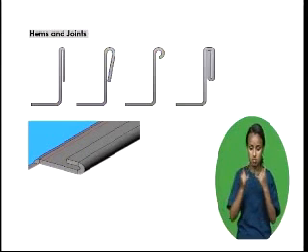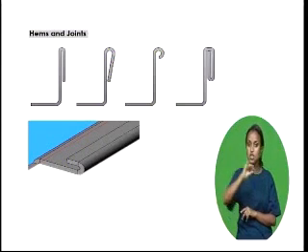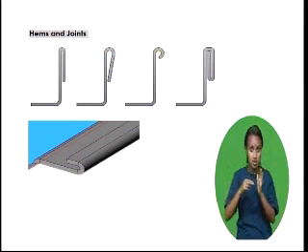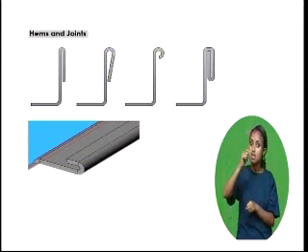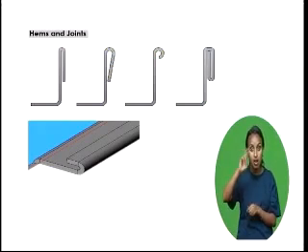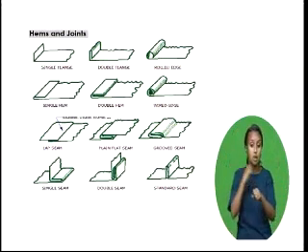Well, how are you doing so far? I hope you are doing great. Next, we will look at hems and joints. Students, do you know the function of hems and joints? Let's see. Hems and joints are materials used during the manufacturing of ducts, tanks, containers, and other products made from sheet metal.